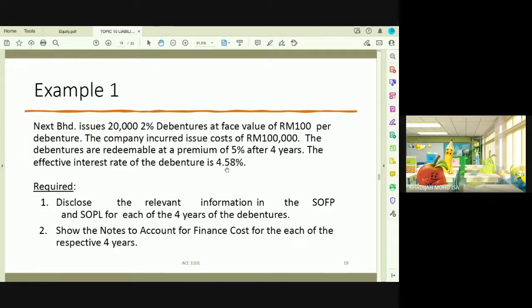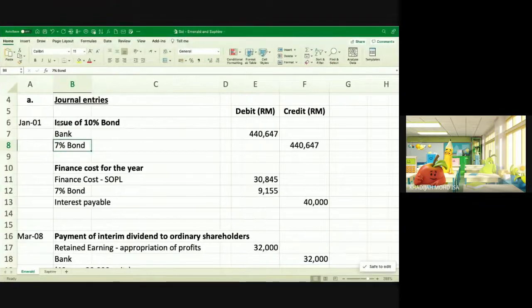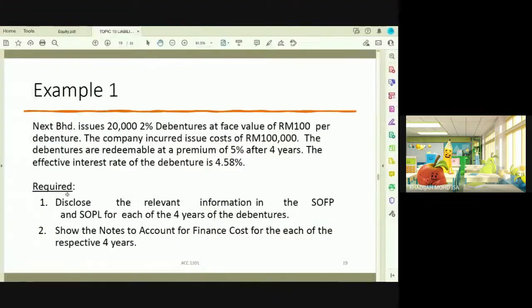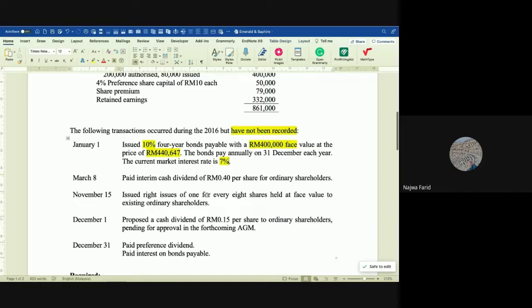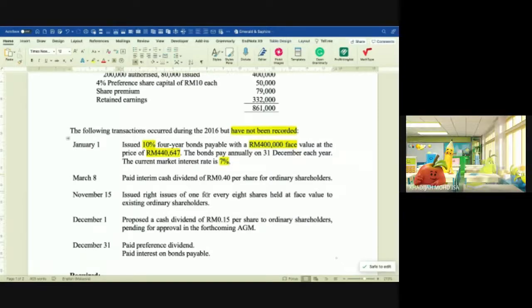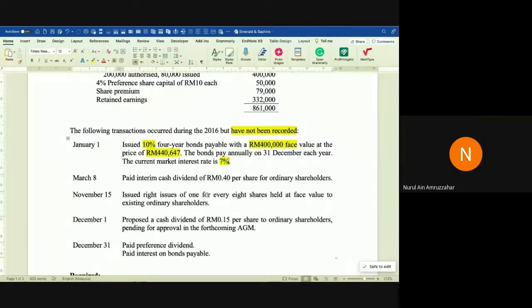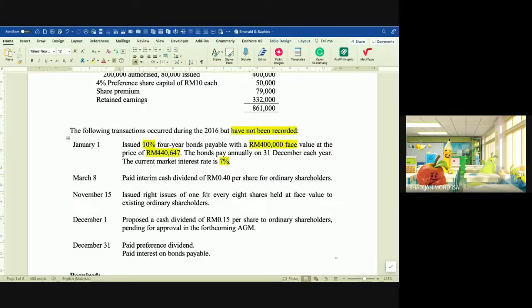This is the market effective interest rate. So will it be 10% or 7%? What do you think? I think it's 10%. I think it should be 10% because it's a 10% 4-year bond.